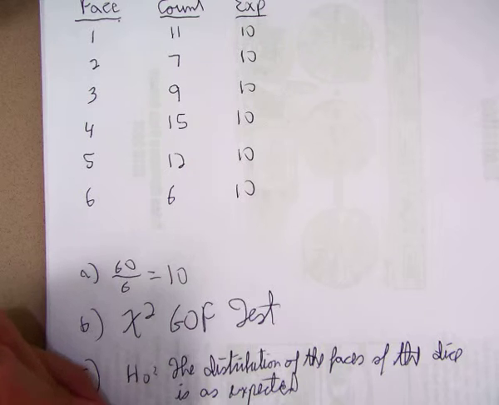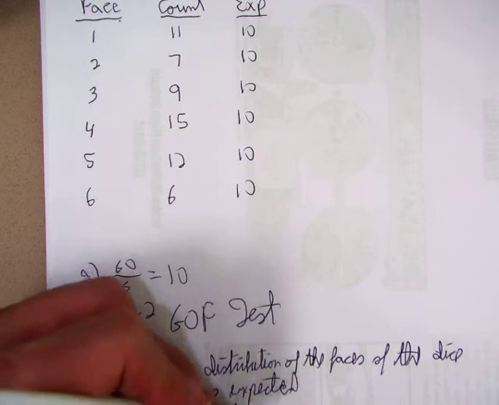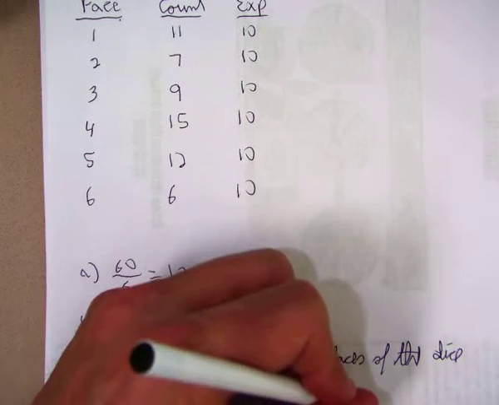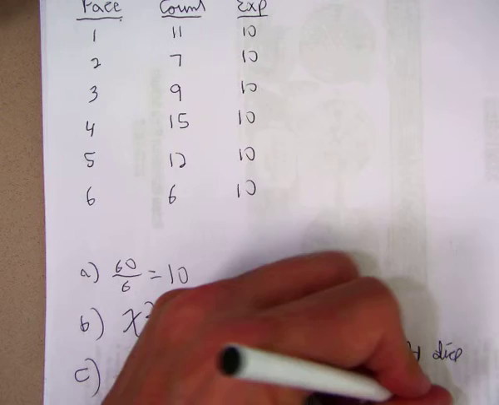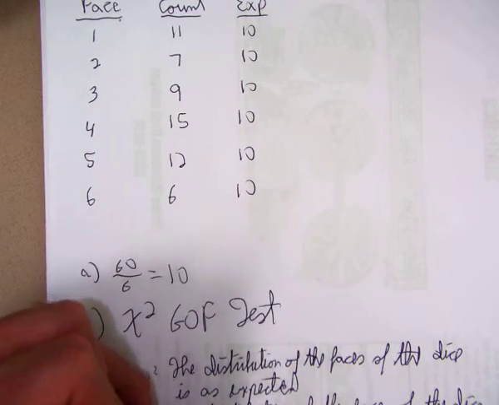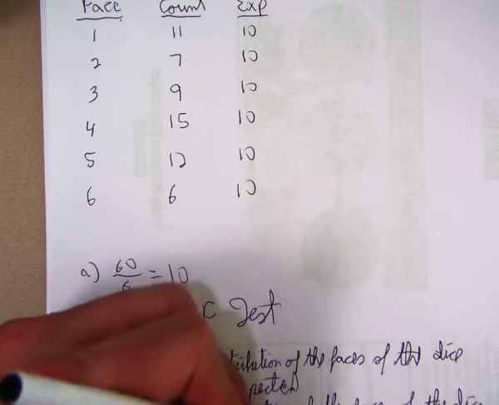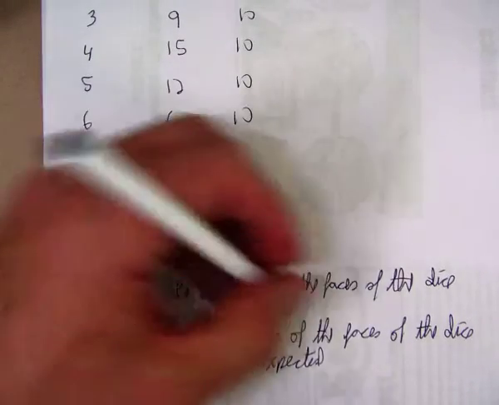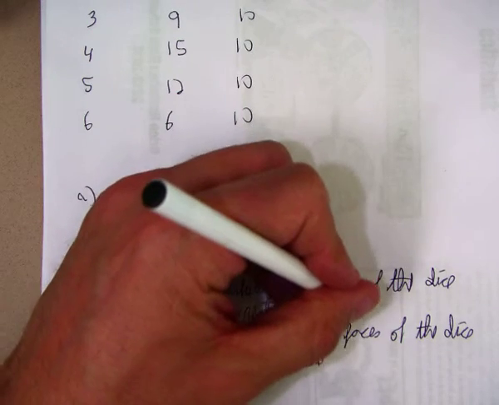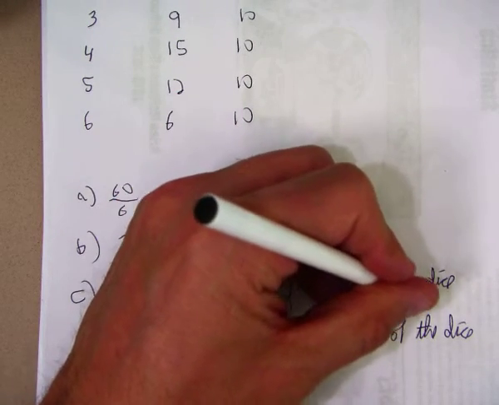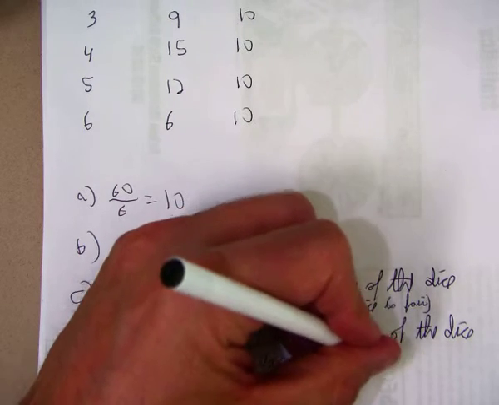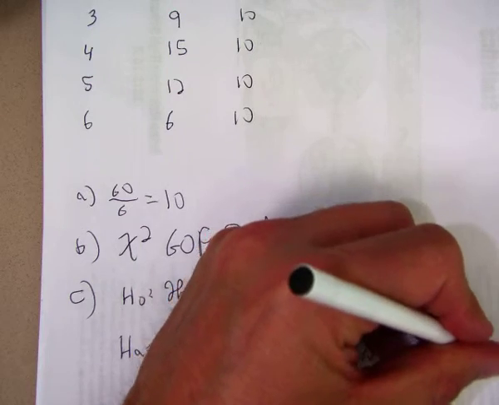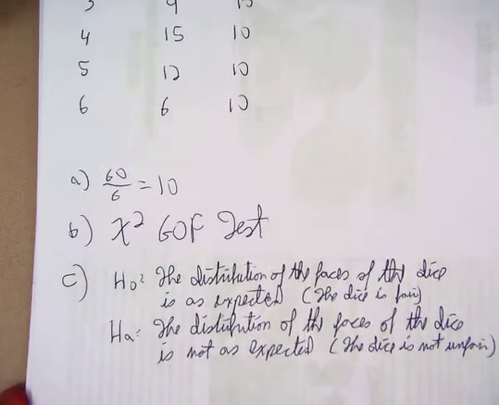And then an alternative hypothesis obviously would be the distribution of the faces of the dice is not as expected. Another way we could say this also is that here the dice is fair, and here the dice is not fair. So that's another way of stating the null and the alternative. Okay.